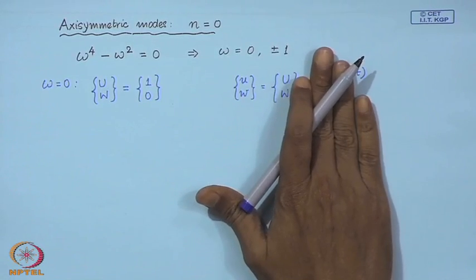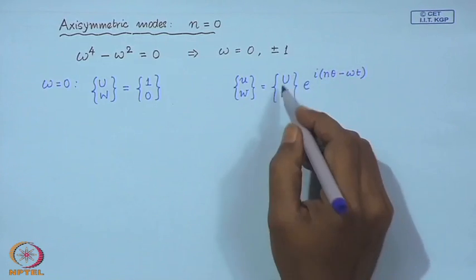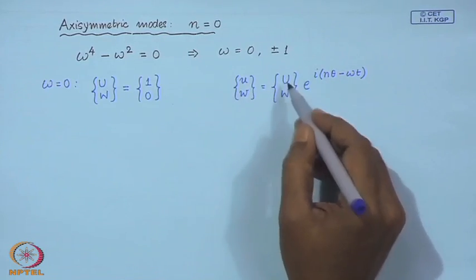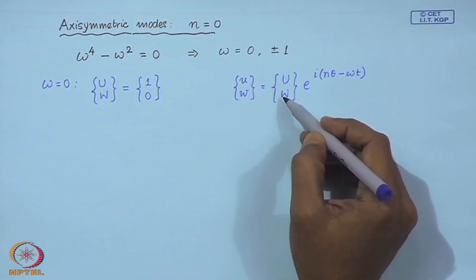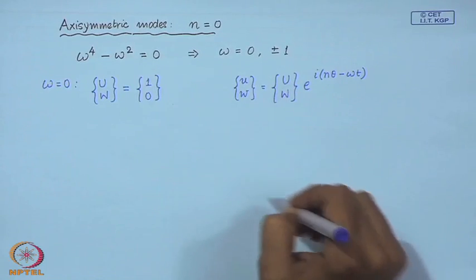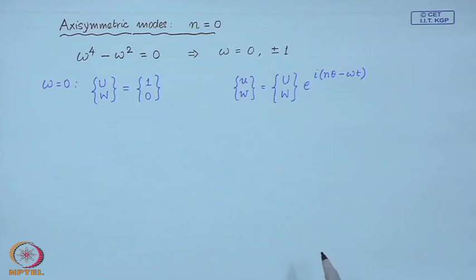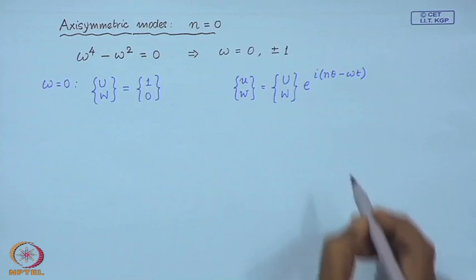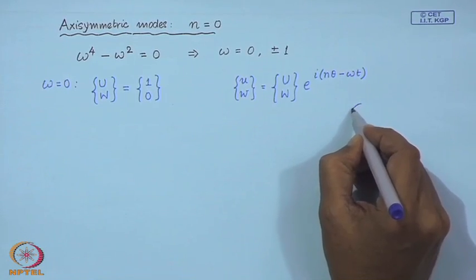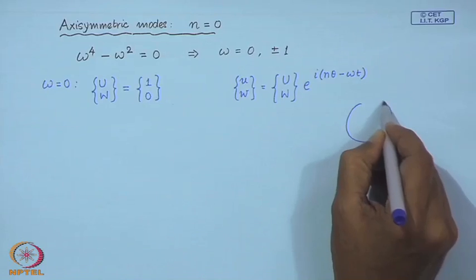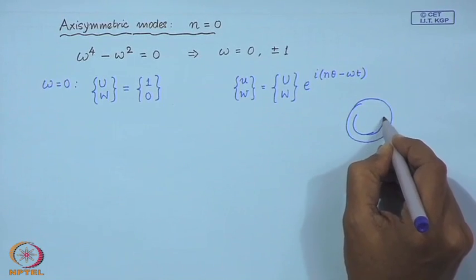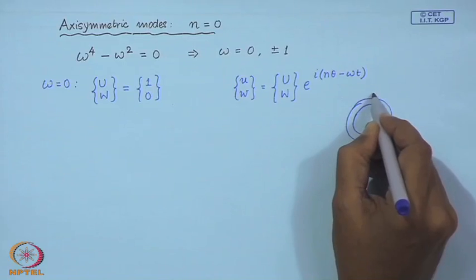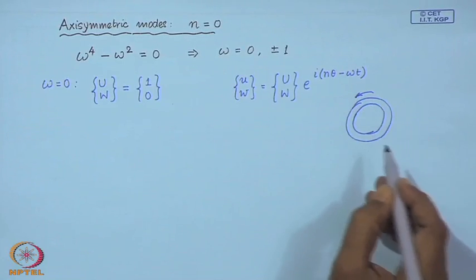So, this term is absent, and so the motion is, this is 1 and this is 0, which means it is a motion along the circumferential direction of the ring, with 0 frequency.